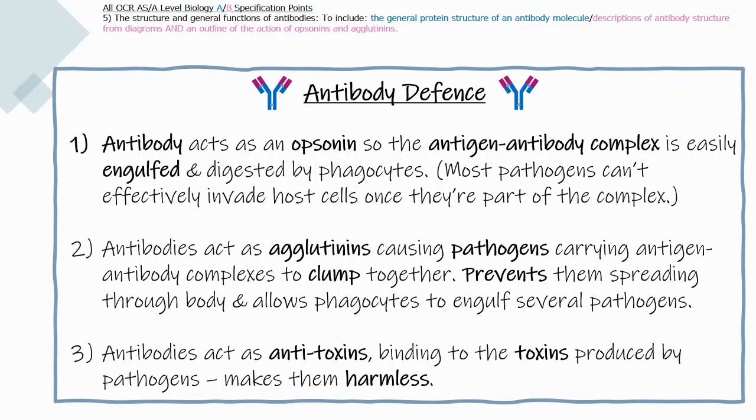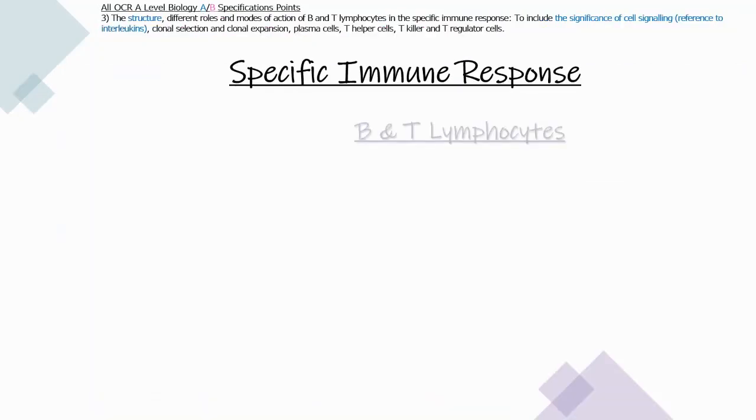So this prevents them spreading through the body and allows the phagocytes to engulf several pathogens. Antibodies also act as anti-toxins, so they bind to toxins produced by pathogens and they turn them into a chemical which is harmless.